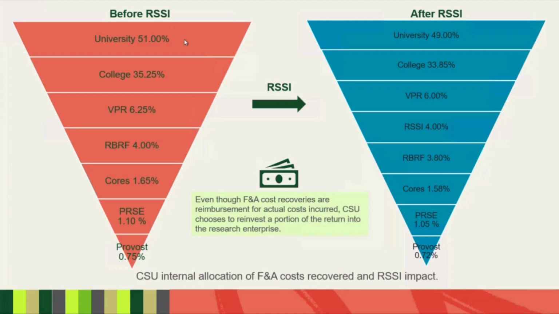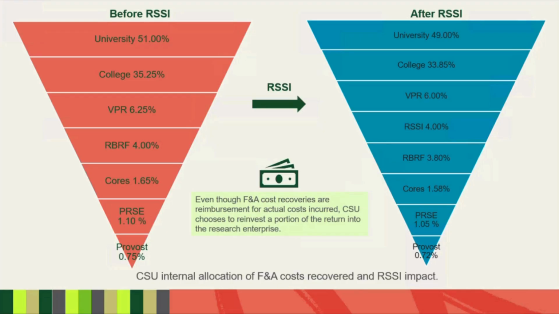35.25% of that goes back to colleges. They can obviously do what they want with it, but the idea is to help cover the cost. Like we talked about, the college and department administration is a big chunk of the F&A expense, so it goes back. The VPR keeps some of it. The research building revolving fund keeps some of it to help fund capital leases and capital improvements to buildings.